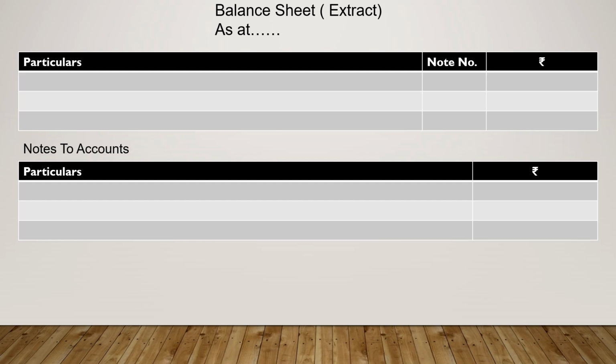It's as simple. When journal entry is not passed, we just disclose it in the balance sheet by way of an explanation. So the main balance sheet, the extract is being prepared as at whatever is the end of the year, 31st March of whichever year. First one, equity and liabilities.